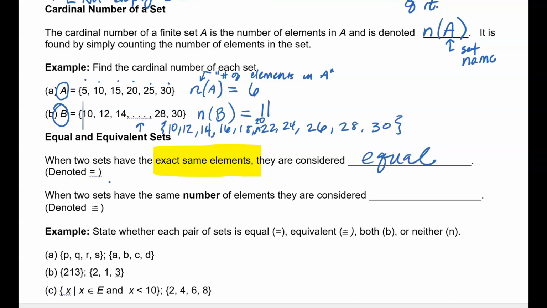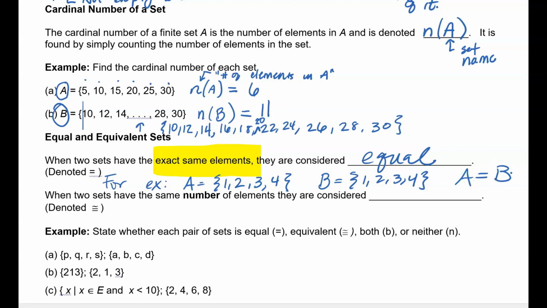For example, let's say set A is the set of elements 1, 2, 3, and 4. I'm just making this up. Let's say set B is the set of numbers 1, 2, 3, and 4. They don't even have to be in order. We can say set A is equal to set B.